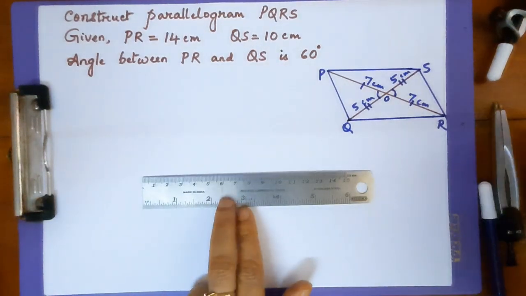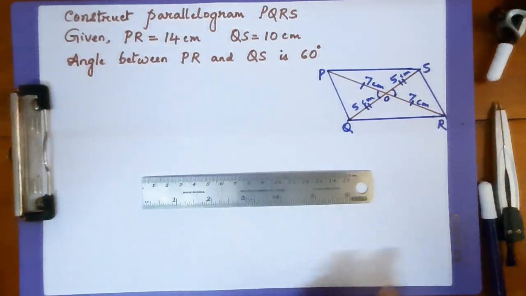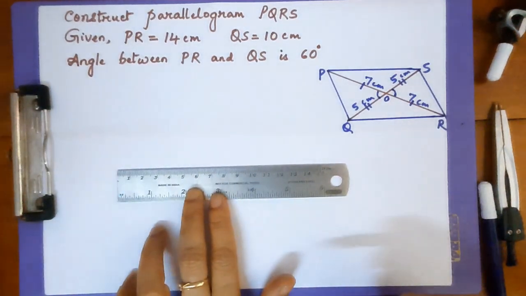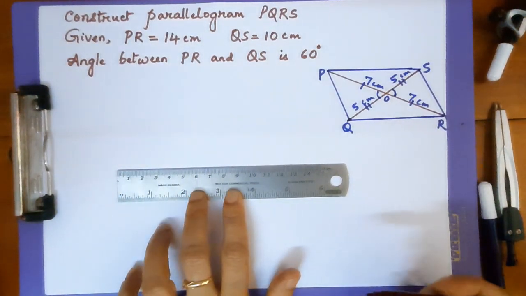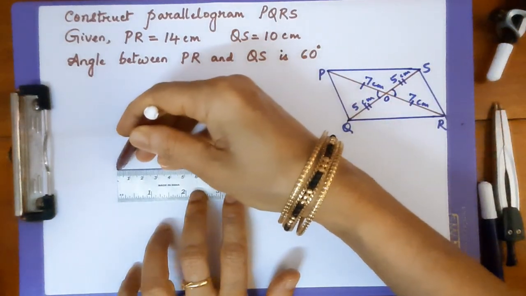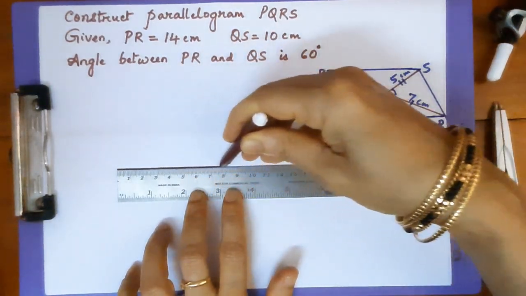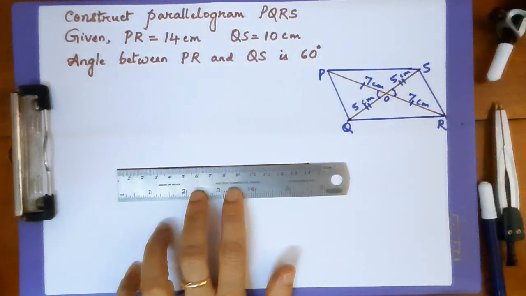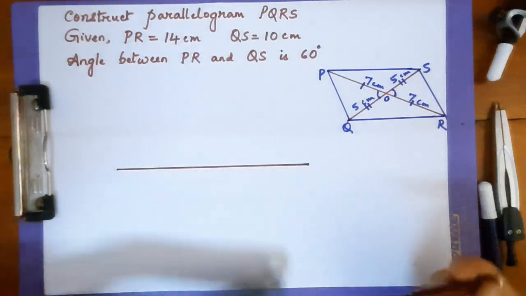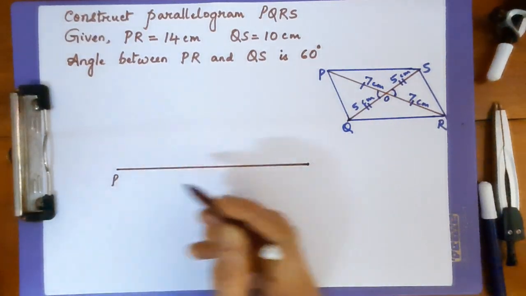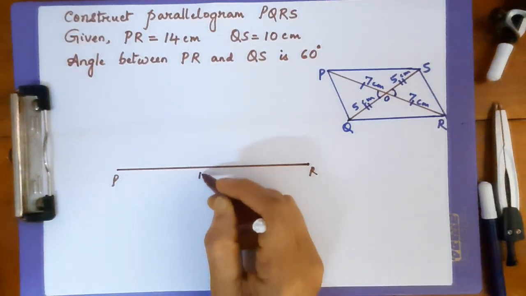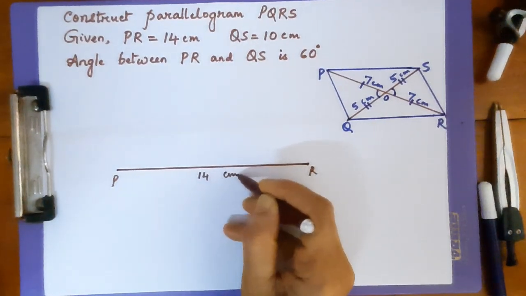So using the ruler, draw PR equal to 14 centimeter. Start from 0. So measure 14 centimeter and name it PR, and write the measurement 14 centimeter.